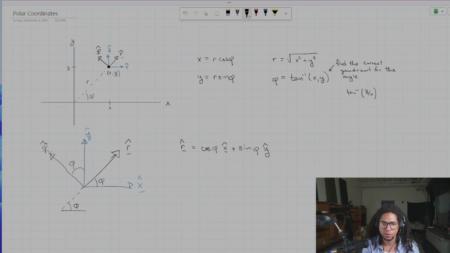All right, so now we have a pretty good way of figuring out how we can write phi hat in terms of x hat and y hat as well. Namely, minus sine phi x hat plus cos phi y hat. And I invite you to go and try that for yourself.